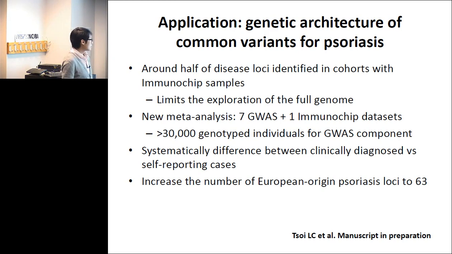Some of the highlights include that we found systematic differences between clinically diagnosed versus self-reported cases. We were also able to increase the number of European-origin psoriasis loci to 63. I'm going to relate that to the things that I was talking about earlier.